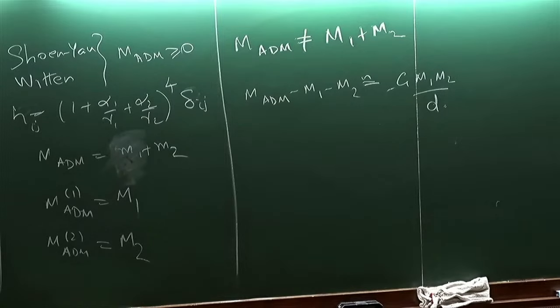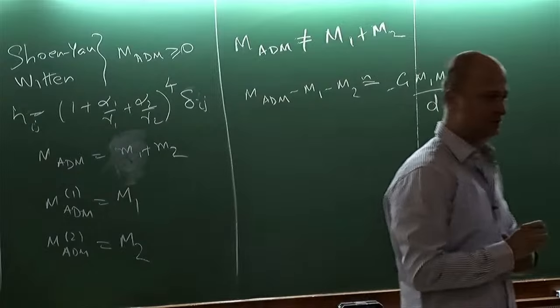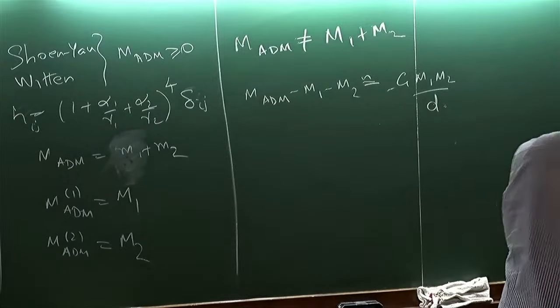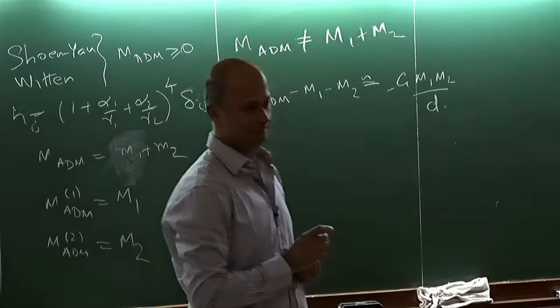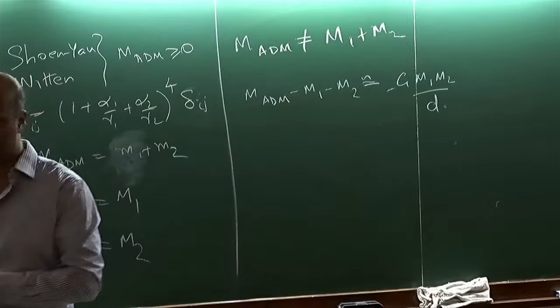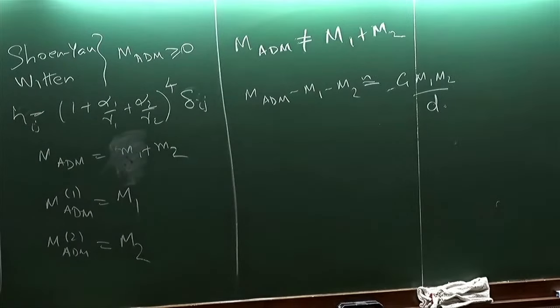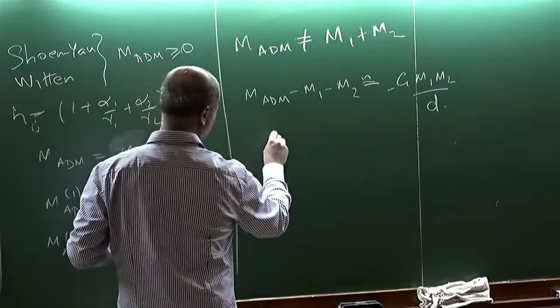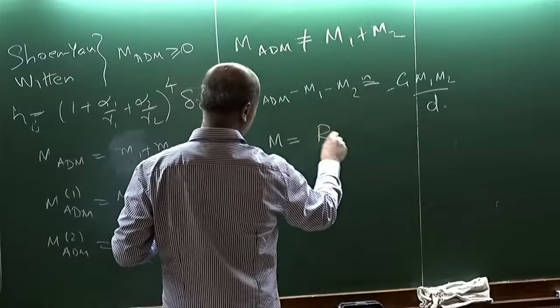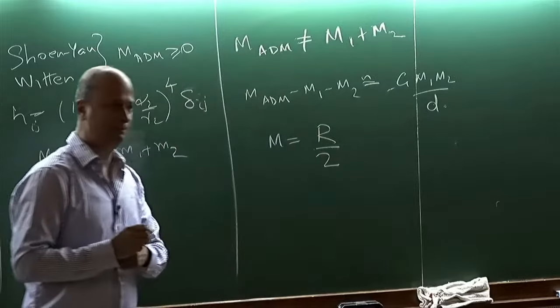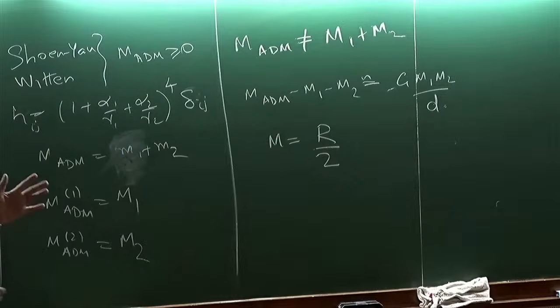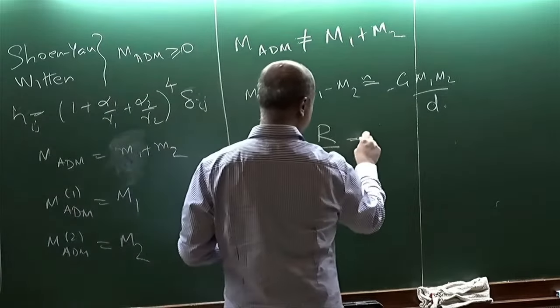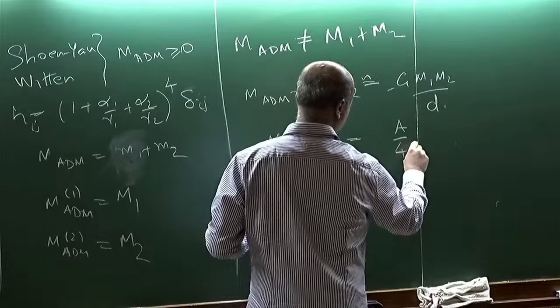So instead, you can try a different approach, and this will lead us to the notion of isolated horizons and dynamical horizons and so on. What you can do is use the monsters that you found. To motivate that, let's go back to the Schwarzschild case. For Schwarzschild, the mass is the radius divided by 2, and the radius is the square root of area divided by 4 pi.